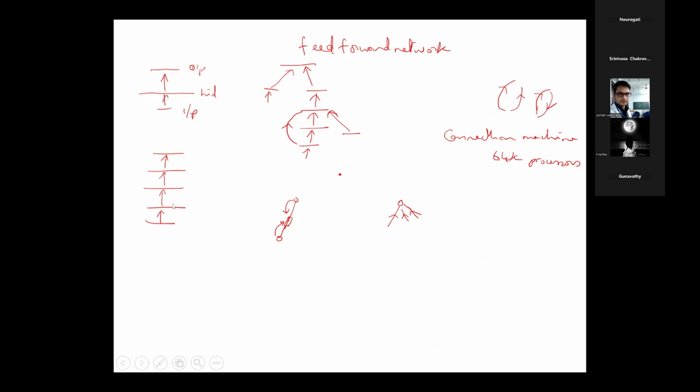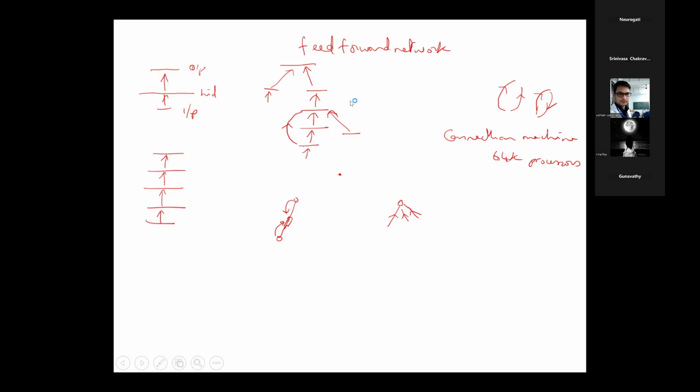And not only that, you can look at even much larger classes of topology. Look at this example at the top. There are some feed-forward layers, and here the weights are jumping over, and here input is coming straight into some hidden layer in the middle. Here input is going straight to the output layer, and all sorts of things are happening.